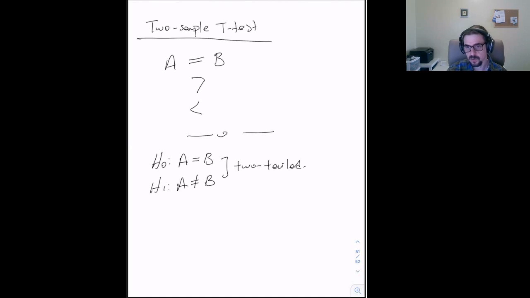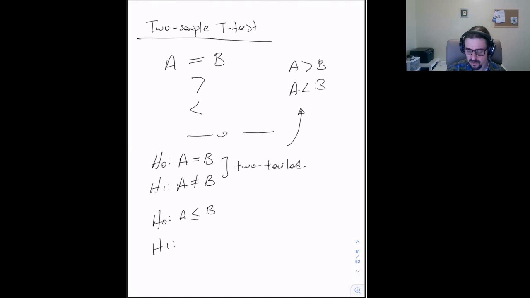right? And if you want to do one-tailed, we will have to ask the question of, I'm just going to write it here, that A is bigger than B, or A is smaller than B. So if I'm testing A is bigger than B, in that case my H0 is going to be the opposite of that. So that means that A is either smaller or equal to B, okay?